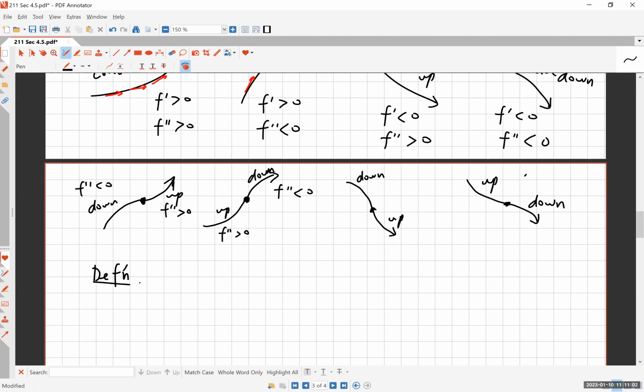That leads to our second definition in this subsection of 4.5.